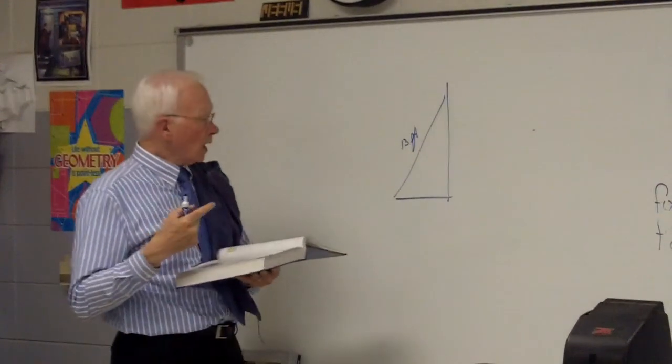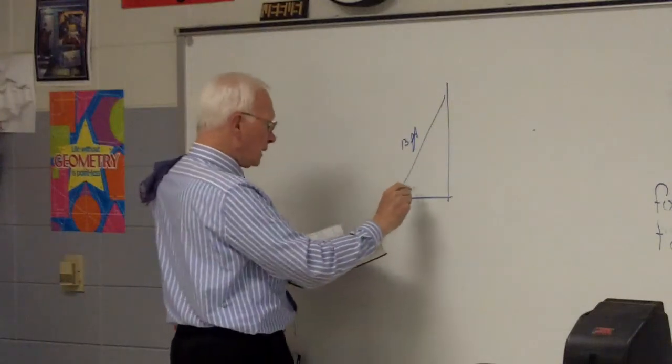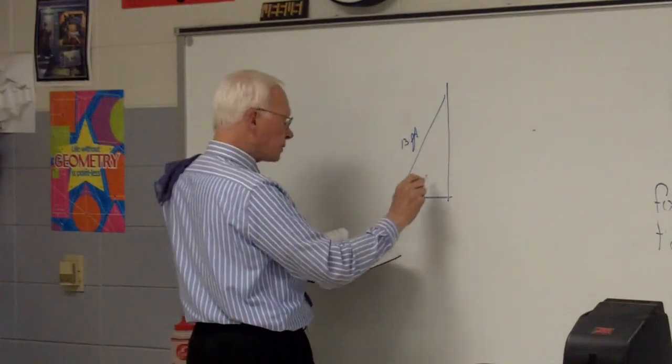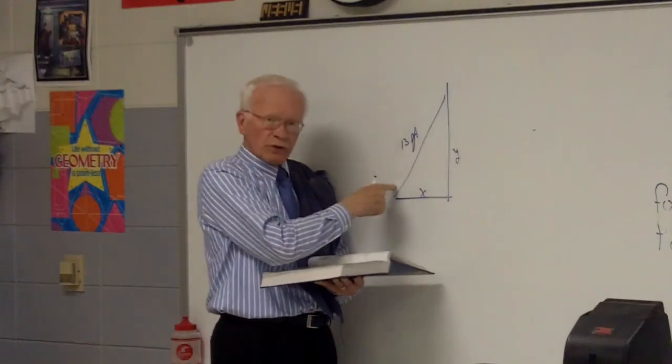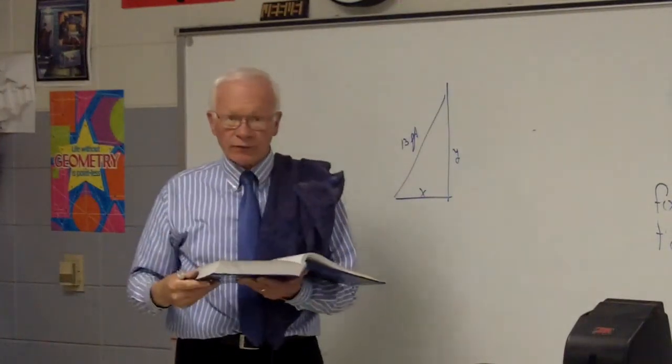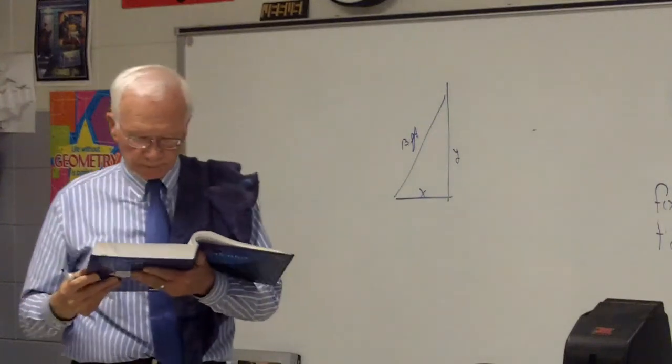Notice what we have here. This is going to be x. This is going to be y. This is my wall, my 13-foot ladder, and we're doing a Pythagorean triple, I'm sure.